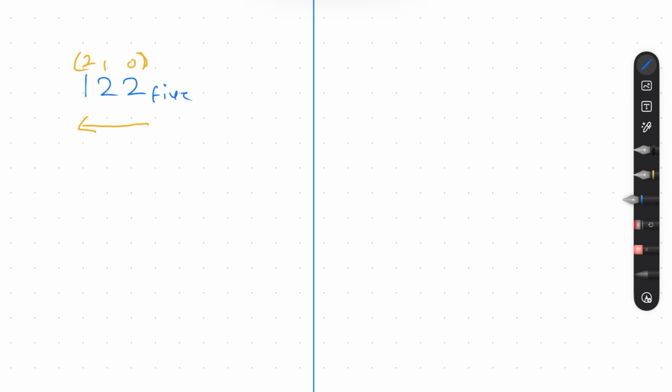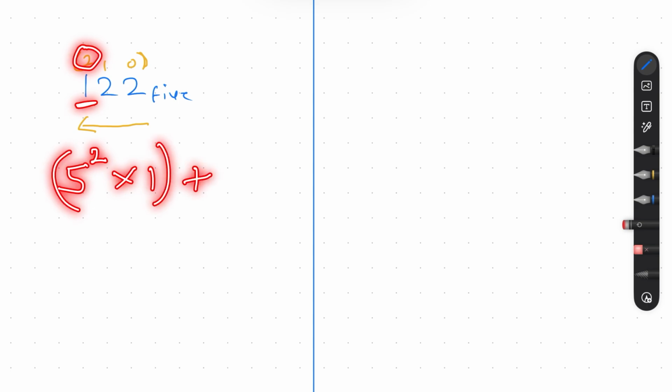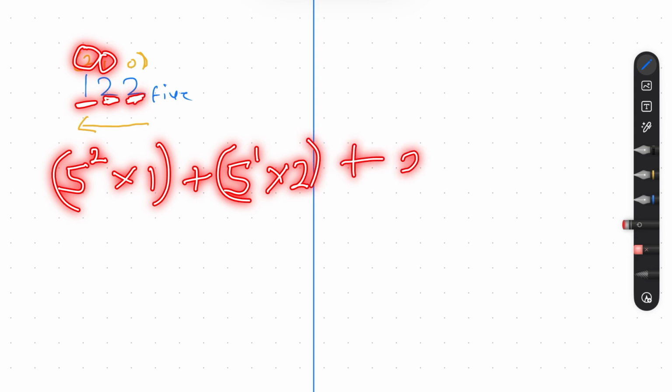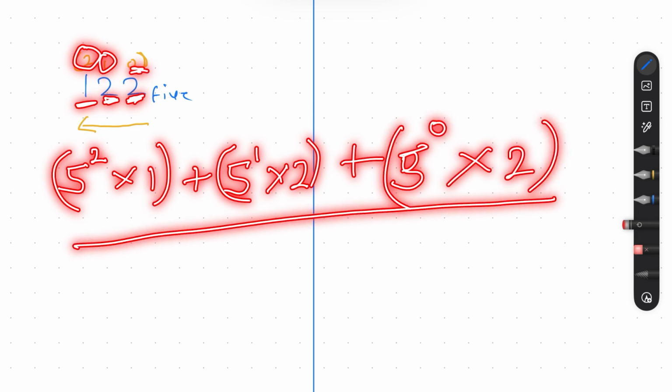So let me raise it and we see how it is done. We have this number 5 raised to the power 2 times the digit right here, 1. Then plus, do the same thing for this number: 5 to the power 1 times 2. Then plus, do the same thing for this number: 5 to the power of 0 times 2.